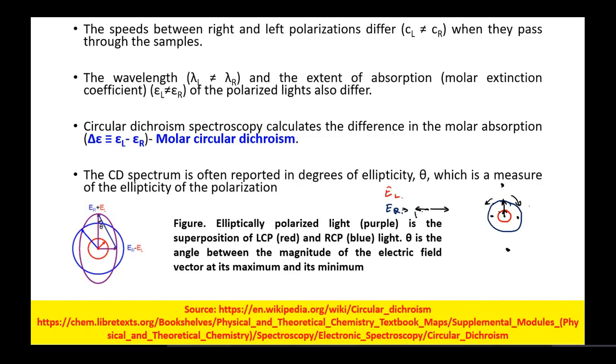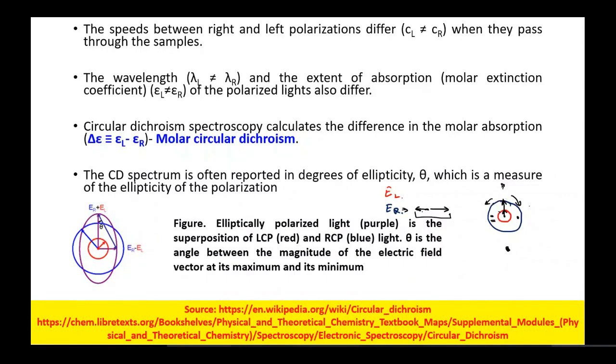So there will be a net difference. Similarly, at the 9 o'clock position you will have the same thing. So the net electrical vector would be smaller compared to the 12 o'clock and 6 o'clock positions. At those two positions we have higher electrical vectors, and at the 3 and 9 positions we have smaller vectors.